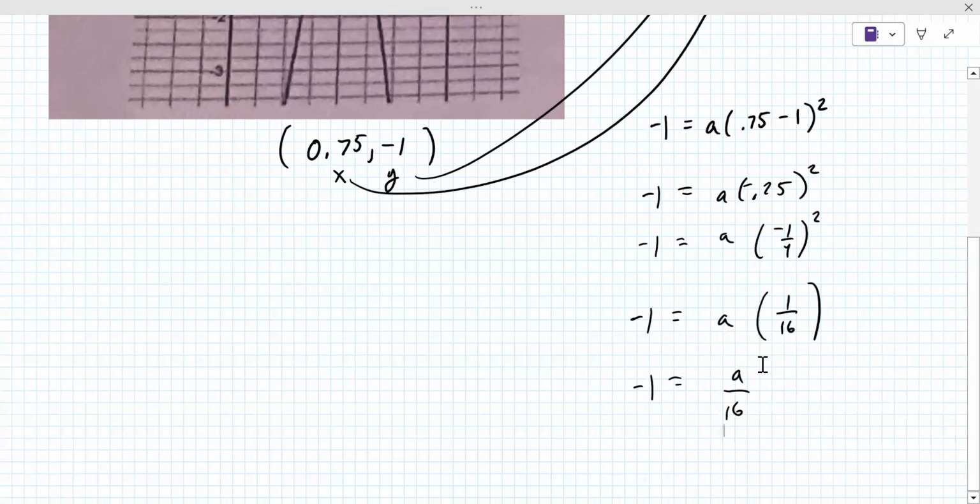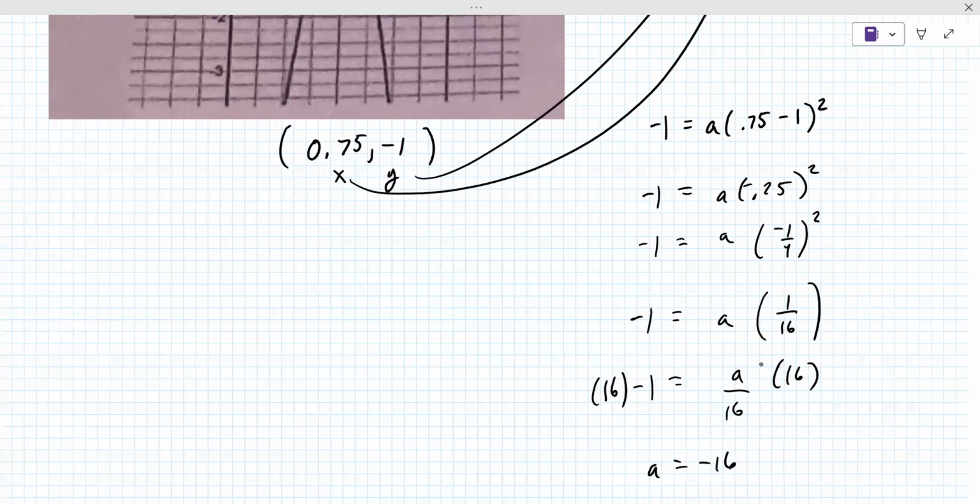So -1 = a/16. Then would I multiply it to get -16 = a? You multiply both sides by 16. That's right. So a = -16.